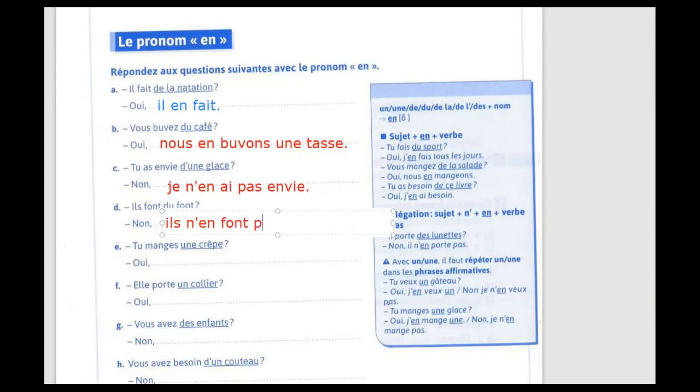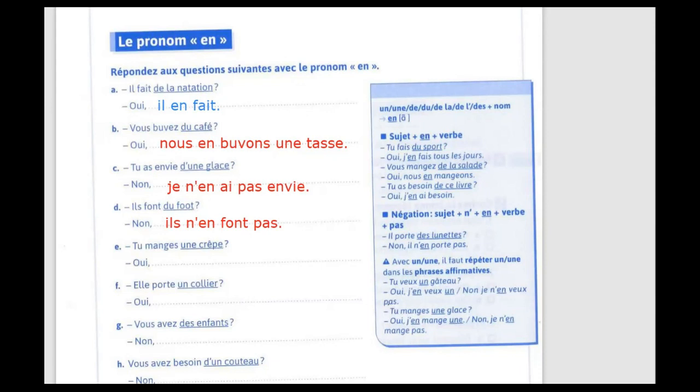Ils n'en font pas. Ah non, ils n'en font pas. Tu manges une crêpe? Tu manges une crêpe? Oui, j'en mange. Oui, j'en mange.